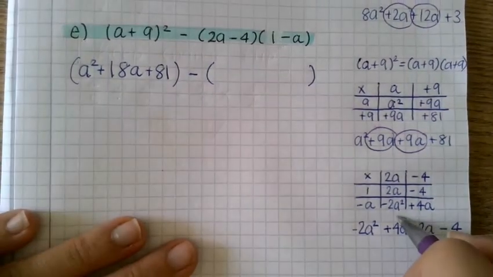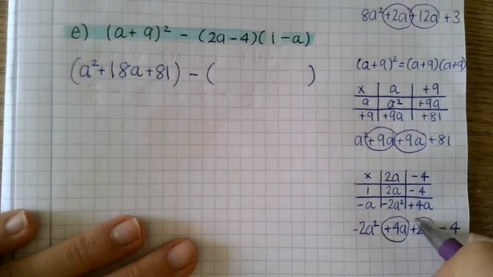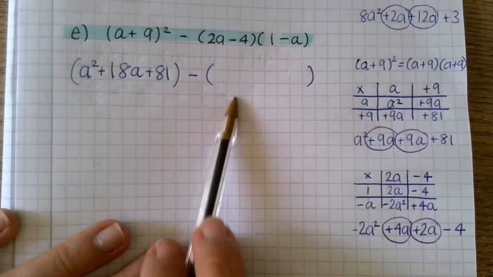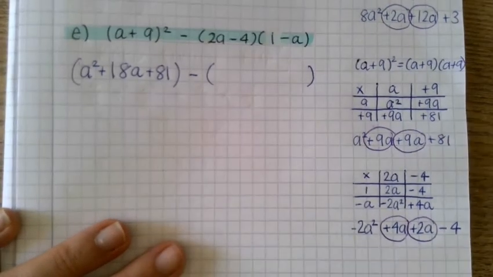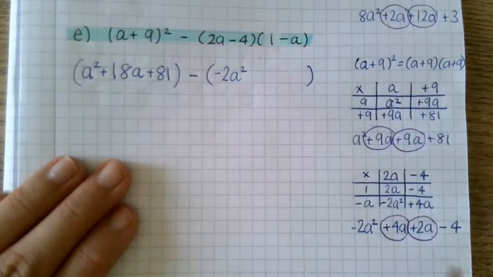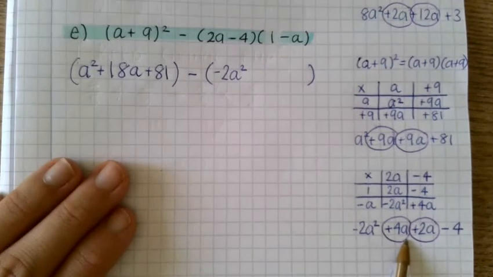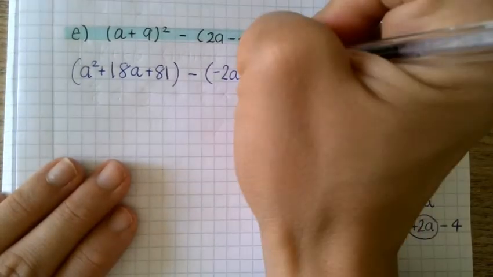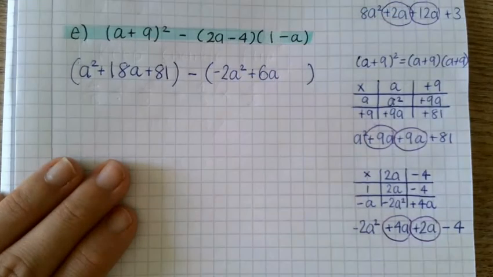And my like terms are the plus 4a and the plus 2a. And when I collect them up, I'm going to write it over here. So I've got negative 2a squared. I'll get positive 6a when I collect these two together. And subtract 4.